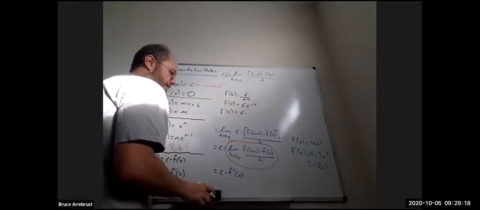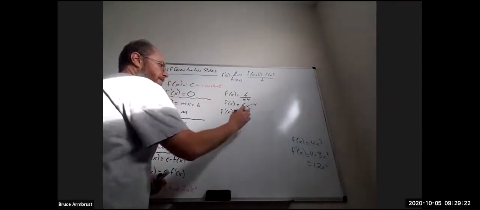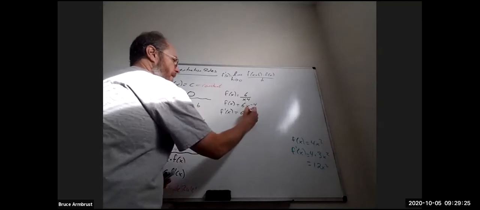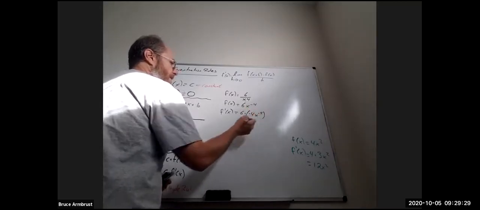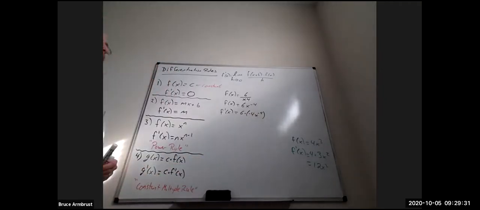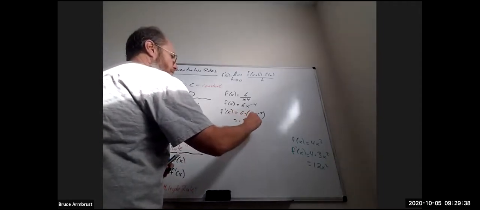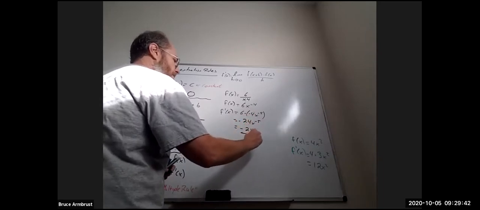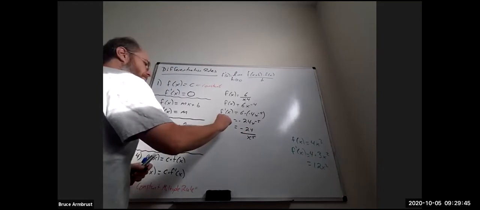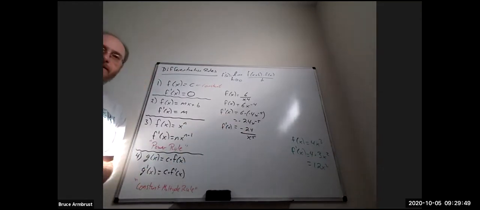The 6 is a constant multiple, so it just stays there. X to the minus 4, we bring the minus 4 out front as a multiple. And then we decrease the exponent by 1. So negative 4 minus 1 is negative 5. So we get negative 24 x to the minus 5, which is the same as negative 24 over x to the 5th. So that's the derivative of 6 over x to the 4th.